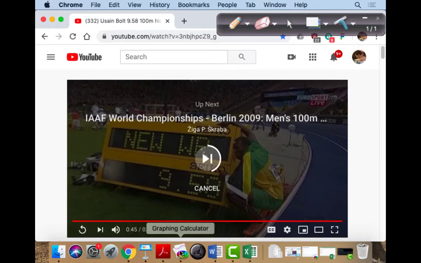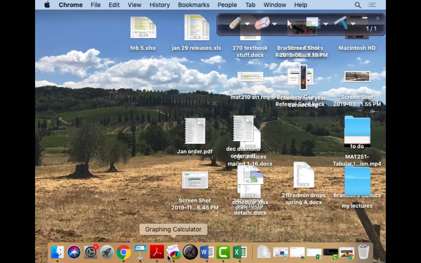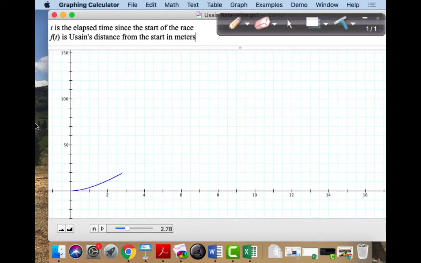Let me show you a graph based on data from this. So based on data from that race, because tracks are high-tech and they can locate people at any point in time, plus you can actually use videos to determine positions and therefore speeds at various points in time.